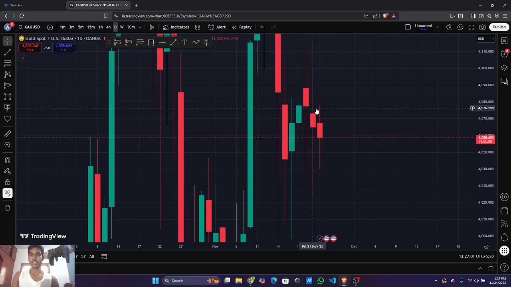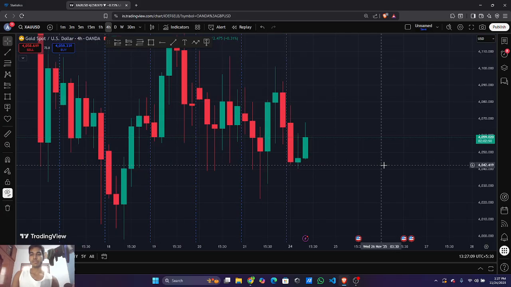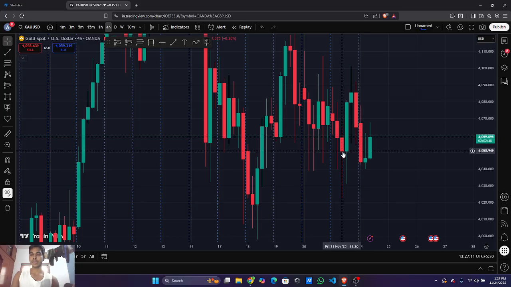For the past 2 days it has closed around its opening price only, and today also it's hovering around its opening price. 4 hour it's bearish. These were strong candles. If it had to continue, then this was a good candle for the next. This candle should have been red and continued, but because the retracement was there, it gave a good wick.